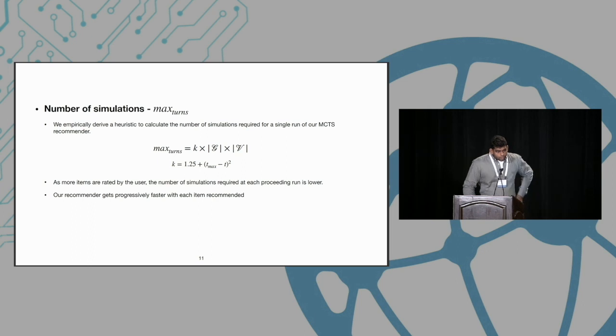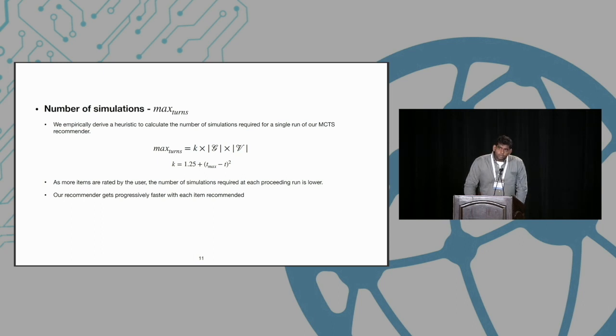One of the limitations in Monte Carlo Tree Search is computation and memory, because usually we need to do a large number of simulations to find an optimal solution. So here we define a heuristic where we determine the number of simulations to be done in terms of the number of groups and the number of items. Also, as I said previously, as we go on, we get more synthetic ratings from the actual group of the user.